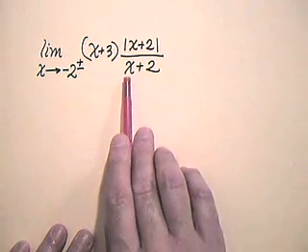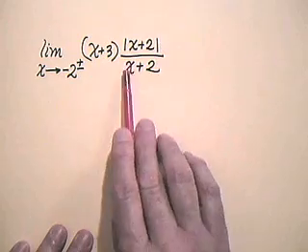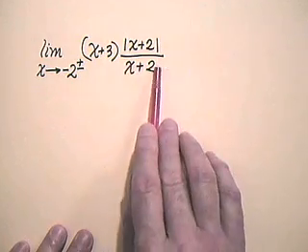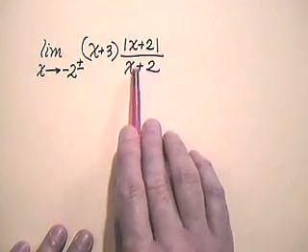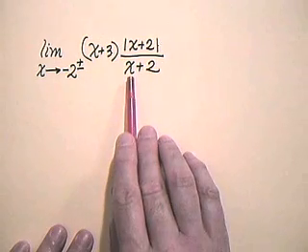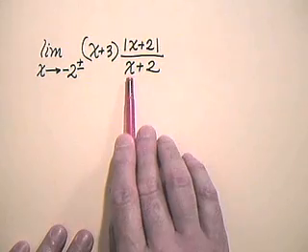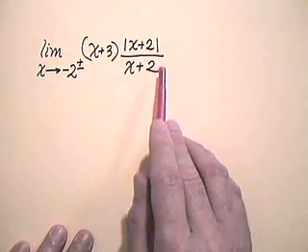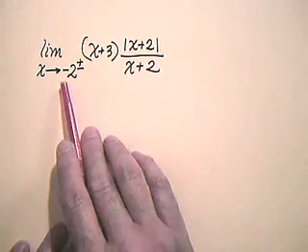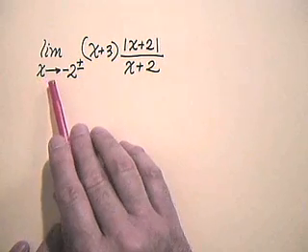Well, notice x plus 2 in the denominator is kind of a red flag. We immediately have to ask ourselves what's going to make that 0, and notice if x is negative 2, the denominator is 0. And so that's what's really going on here.